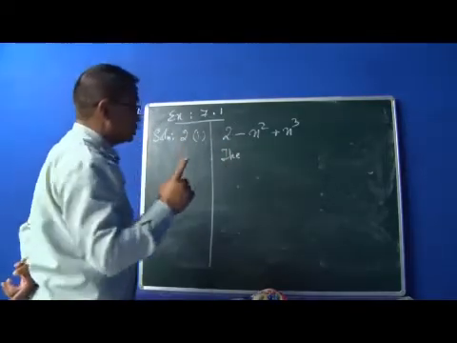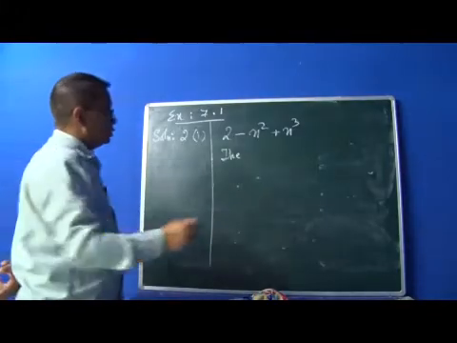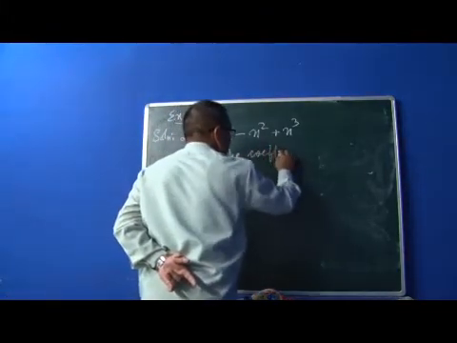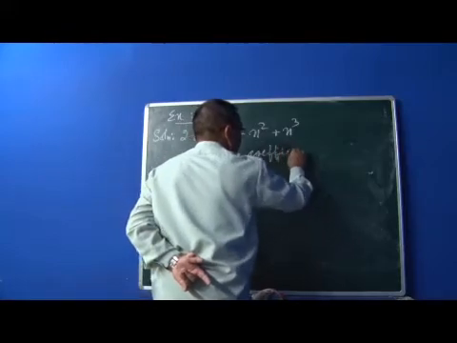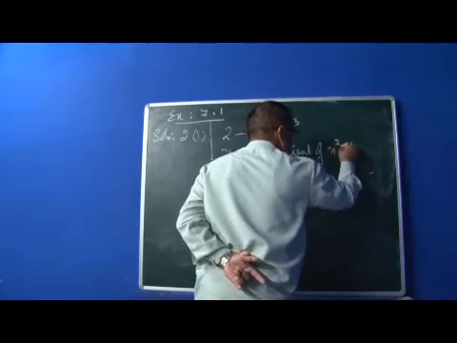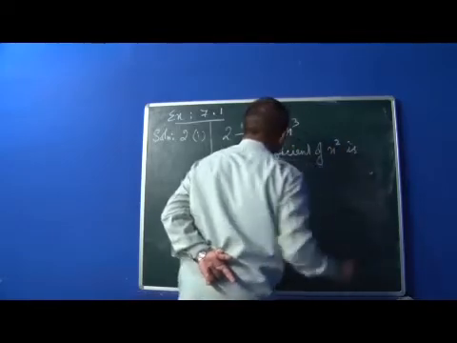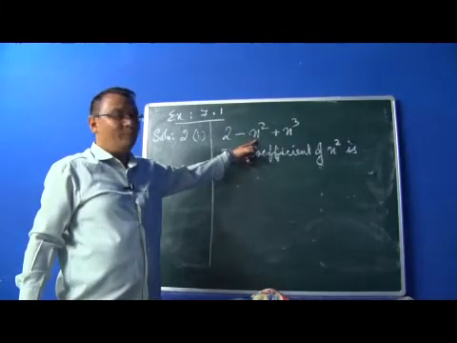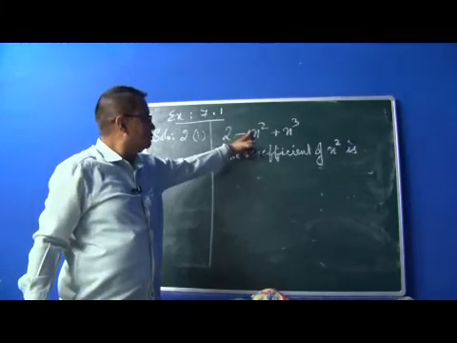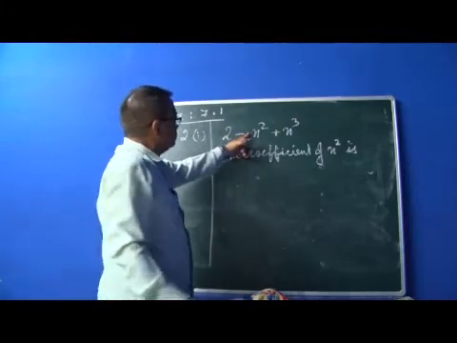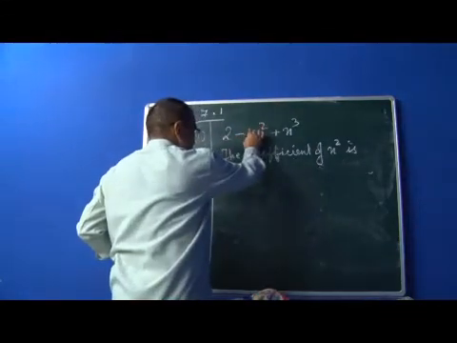The question we can check from the textbook. The coefficient of x squared is, we can see the x squared term is in the middle. So is there any number multiplied to this? We don't have any number, so we take it as 1.